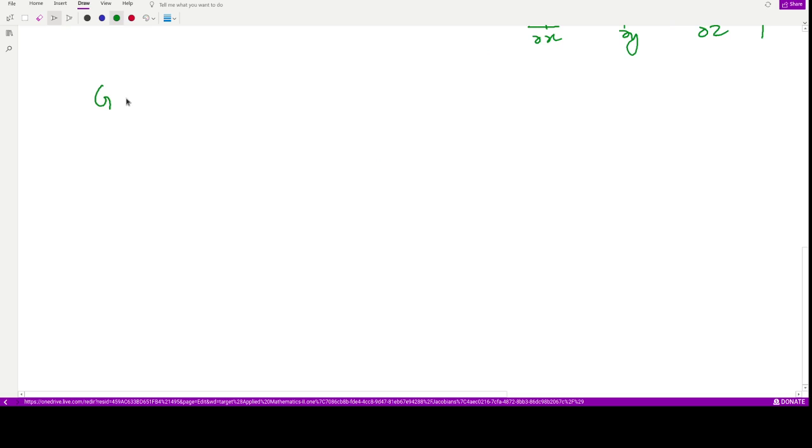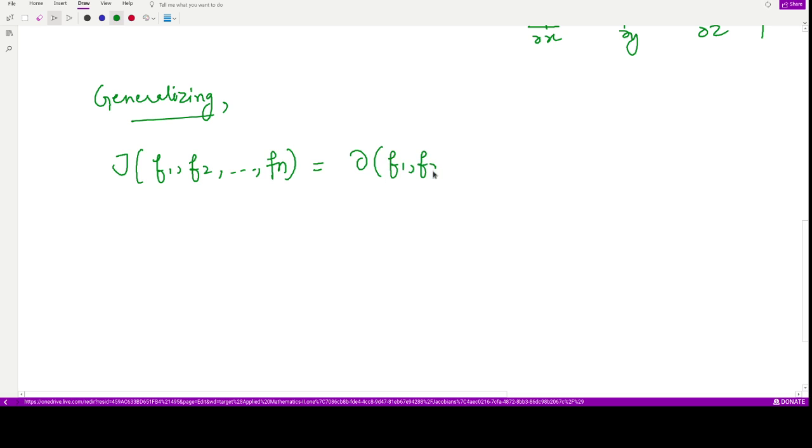On generalizing, what do you have? You have the Jacobian of the functions f1, f2, up to fn. That means you are taking n functions, and these depend upon n variables. So you are calculating the partial derivative of f1, f2 up to fn with respect to x1, x2 up to xn.